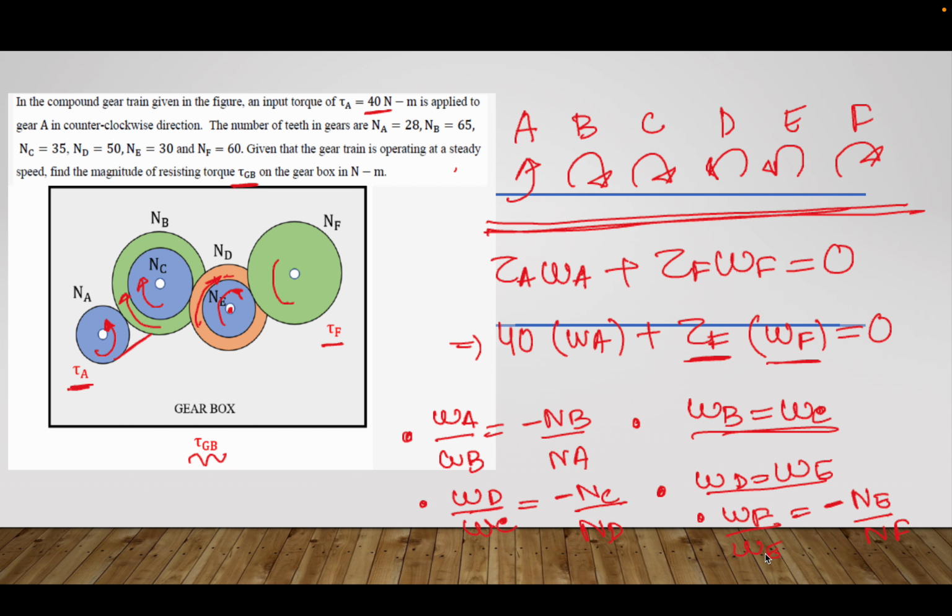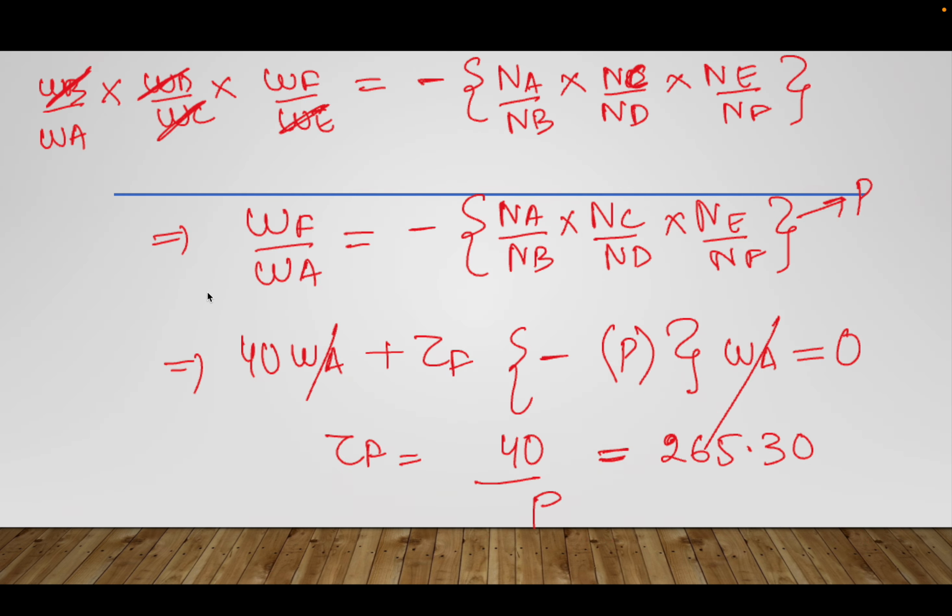After that, what we can do is, we have these equations, and we will just multiply them and substitute for the values of omega b and omega d. When I multiply these three equations, it comes out to be omega b upon omega a into omega c upon omega d into omega f upon omega e, and on the right hand side we have this.